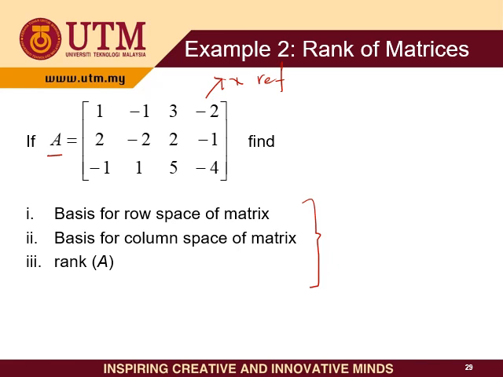Then based on the basis of these two, we find the rank. First, again, we need to change this to row echelon form with leading ones using Gaussian elimination. Then we can continue finding the basis for number 1, the row, and the basis for number 2, the column, and then the rank.